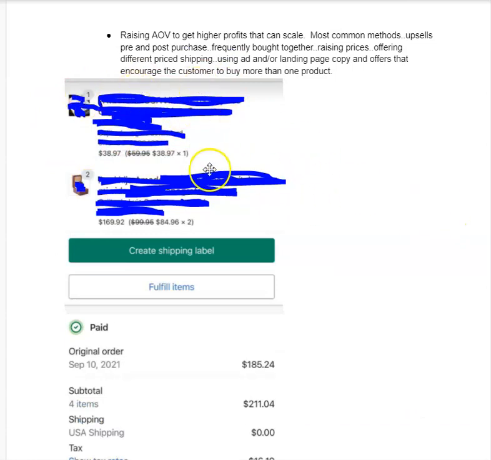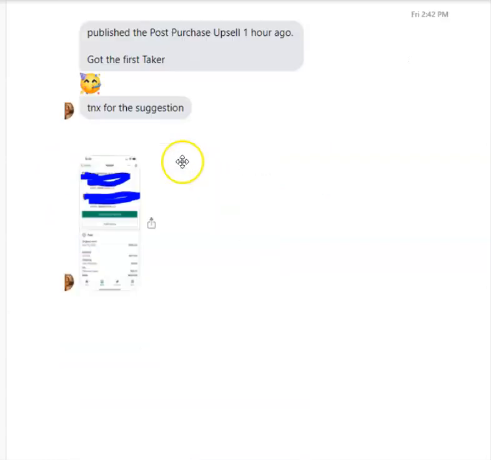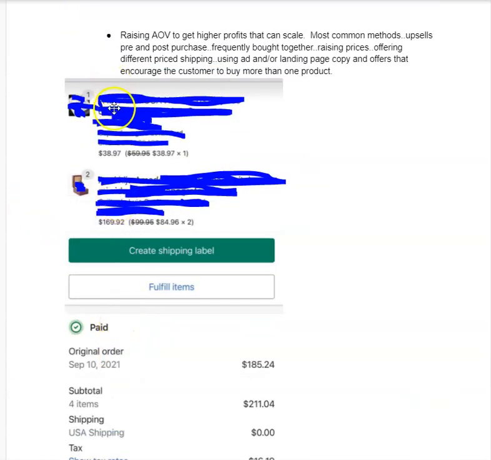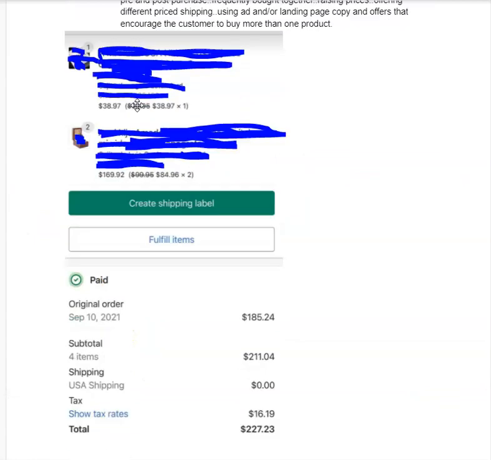And in combination with that, the member of my mastermind here on his own did a quantity discount so that if people bought more than one of his winning product, they get a discount per product. And that's working extremely well. So, and here's the message from him. In the same hour of when I told him to do that post-purchase upsell, he's already getting sales, right? So his AOV is going up.